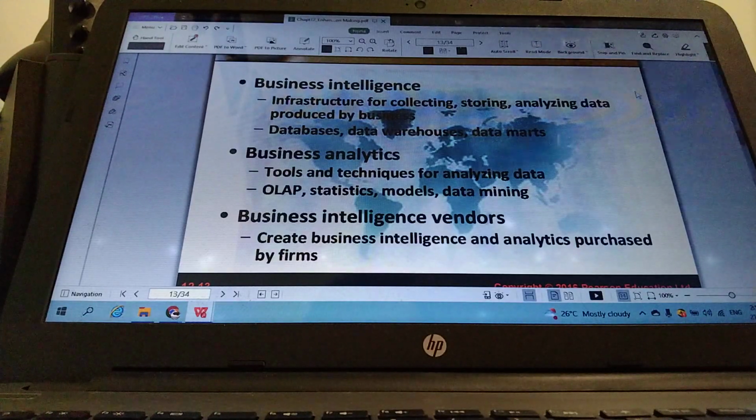Data mining, which is also very popular nowadays, is being carried out by many companies in helping them to make better decisions. So the second critical area is known as BA. Basically, it is the tools and techniques that we can use for analyzing the huge amount of data that is coming in, that you are collecting, that you are storing, that requires analysis.